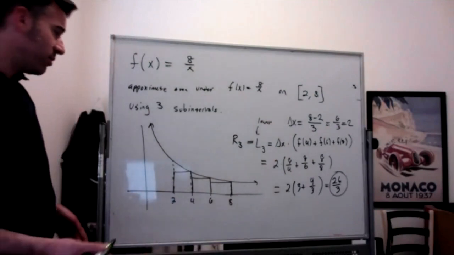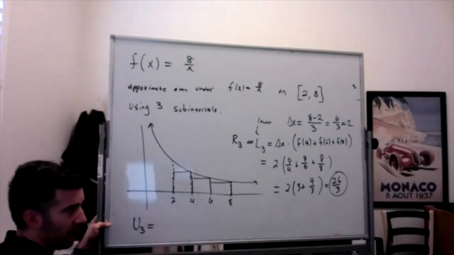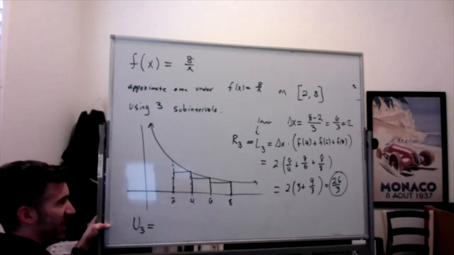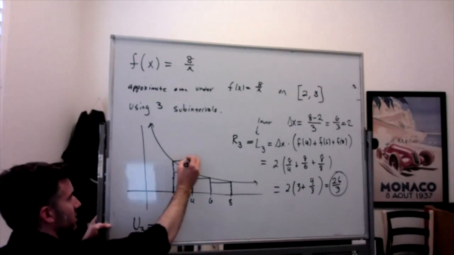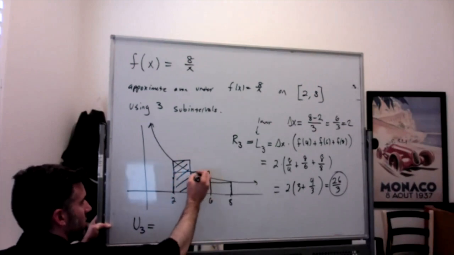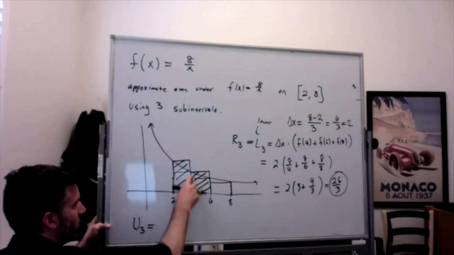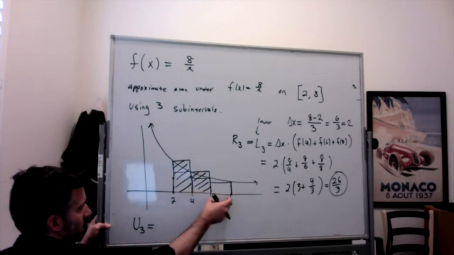If I want to find the upper sum, then I would use the input value that gave me the highest valued function. So that's going to be this, and this. In each interval, I'm using the value that gives me the highest point on the interval. So in here I'm using this point, in here this point, and here this point.